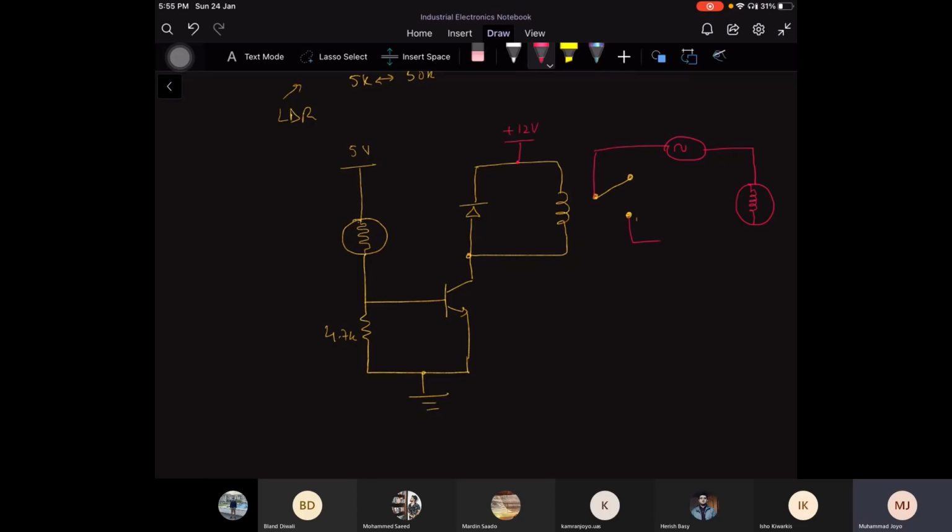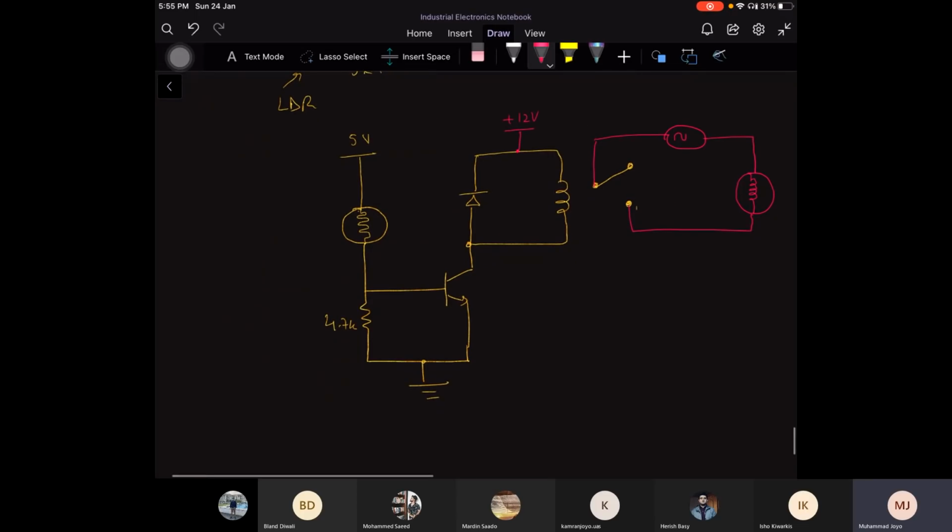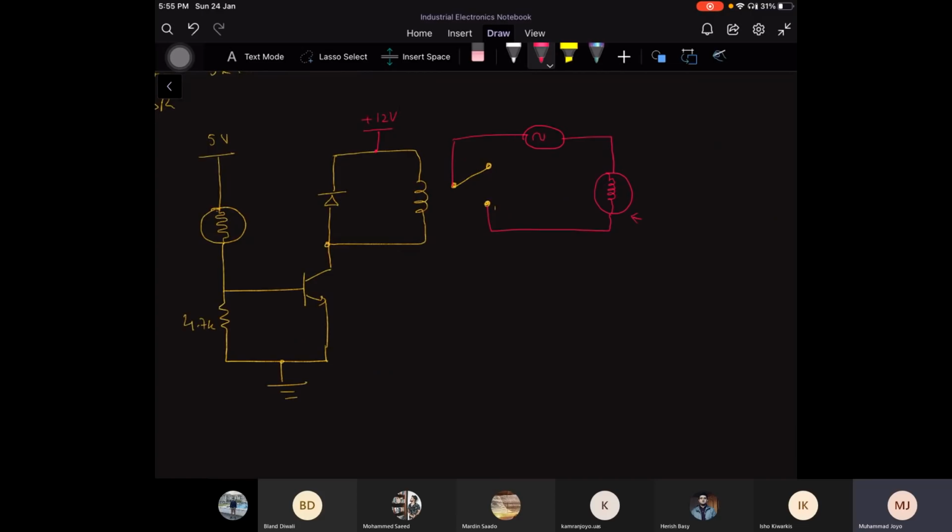Okay. This is one of the example circuits you can make for a street light lamp. So where is the street light lamp? This is your street light lamp.